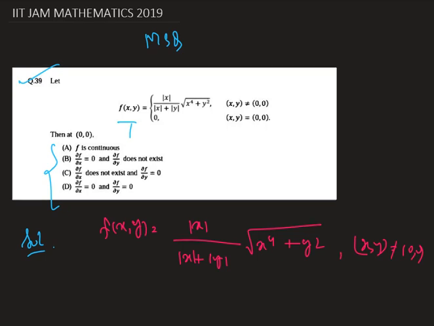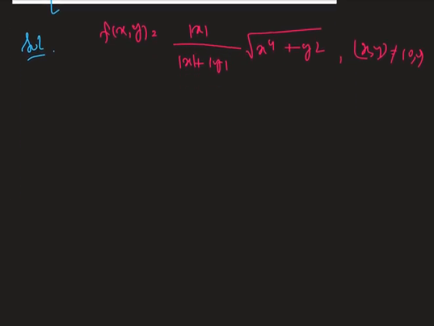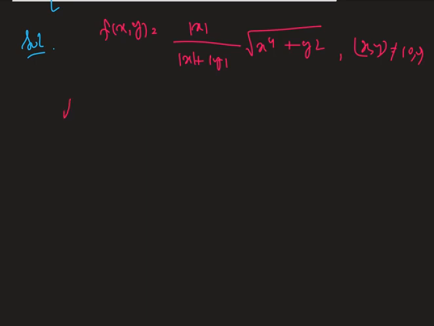Now let x be equal to r cos theta and y be equal to r sin theta. Therefore, the limit as x, y tends to 0, 0 implies that r tends to 0.